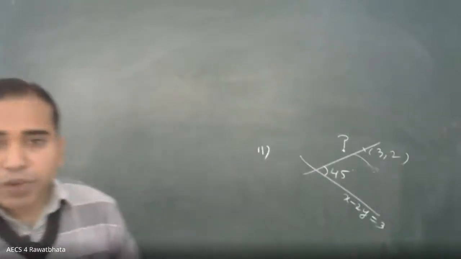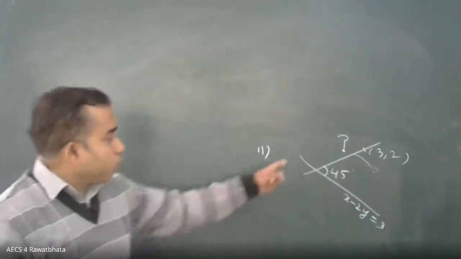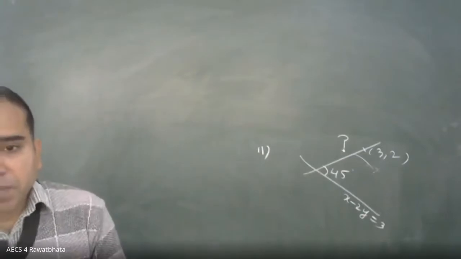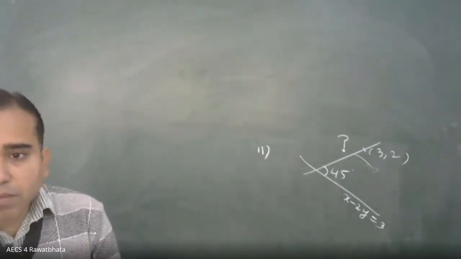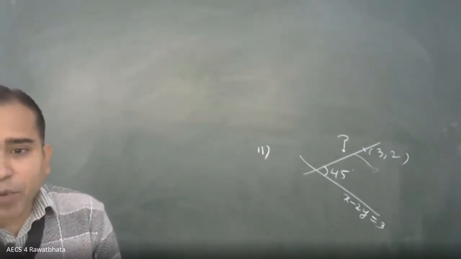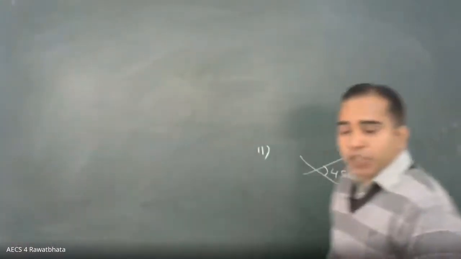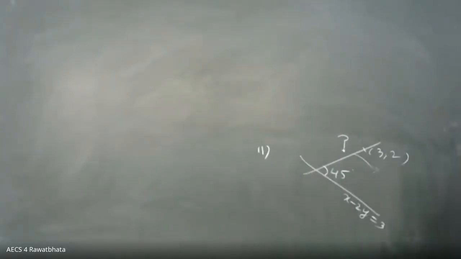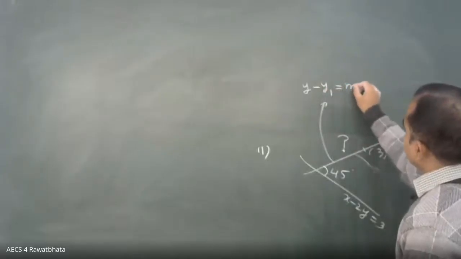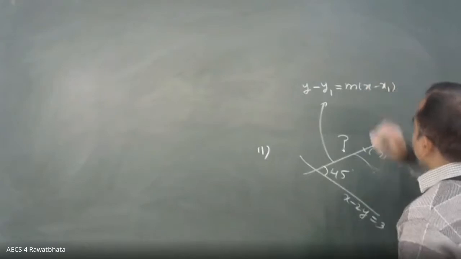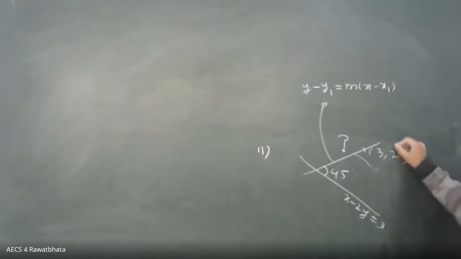Bhavya, what is the equation of a line passing through one point? This is a very basic formula. Netra, what is the formula for the equation of a line passing through one point? y minus y1 equals m into (x minus x1). Absolutely, this is the formula. So what things do I have available? I have x1, y1, this is ready. Only thing I need is m. So Netra, any suggestion how to get m?